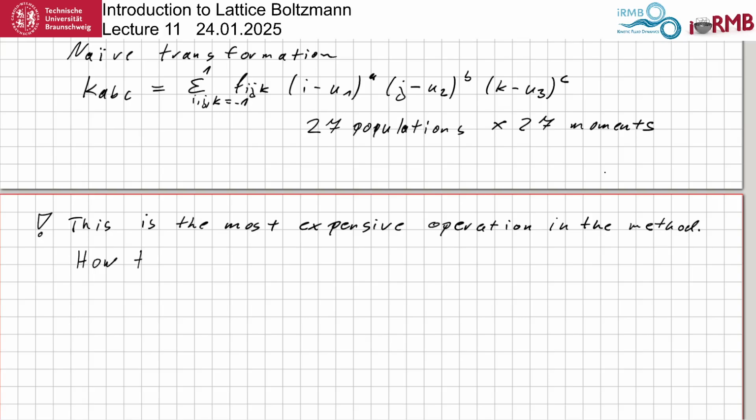So how to accelerate it? The solution to accelerate this is actually so simple that everybody who knows this said, okay, this is obvious, but apparently it was not obvious because it took very long to come to this idea.